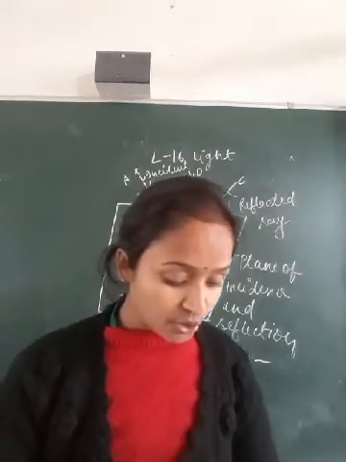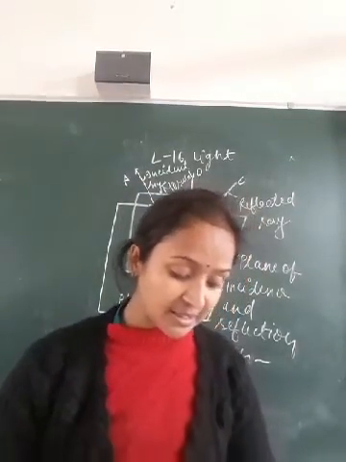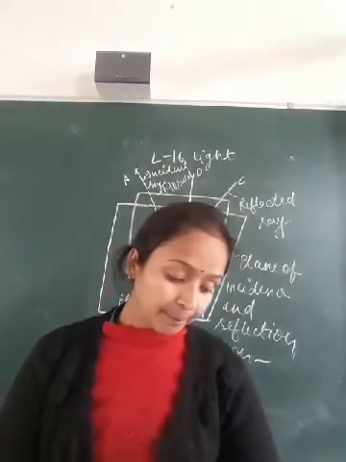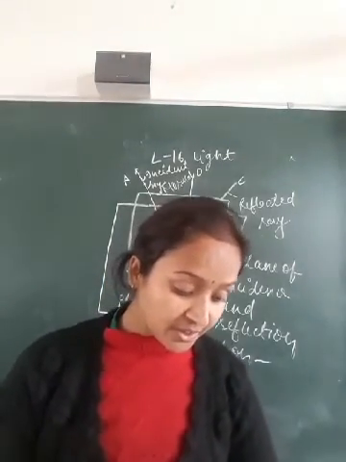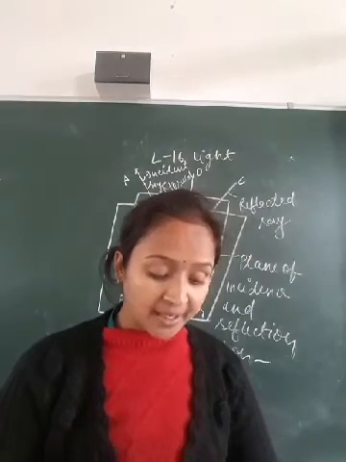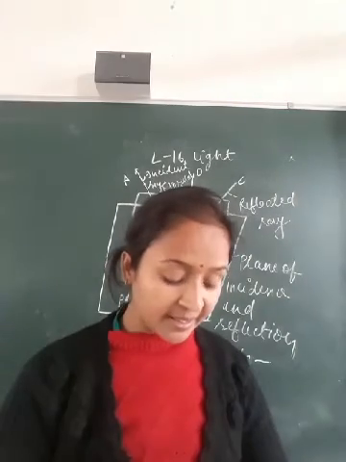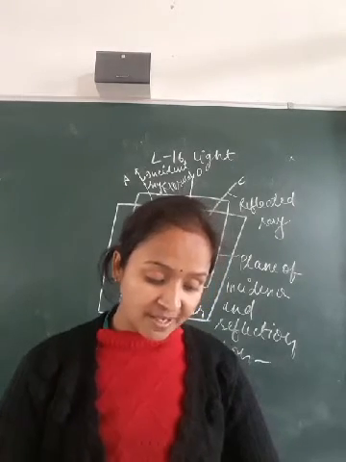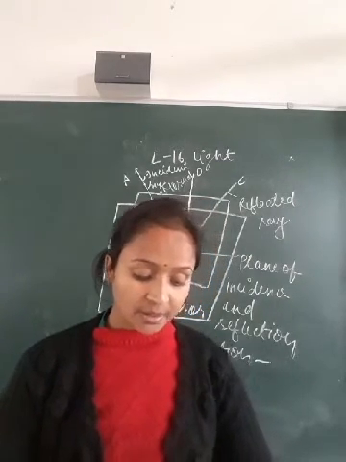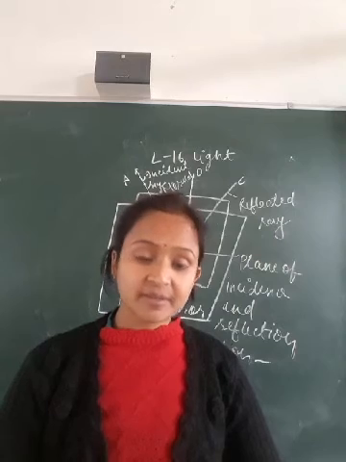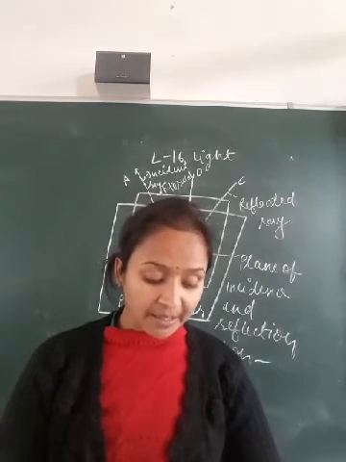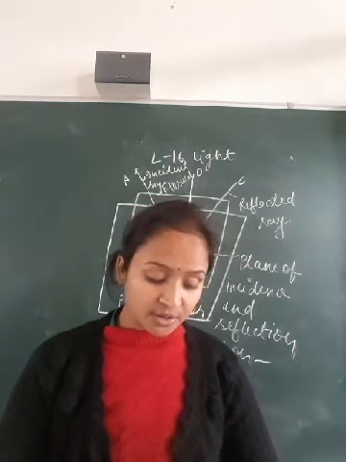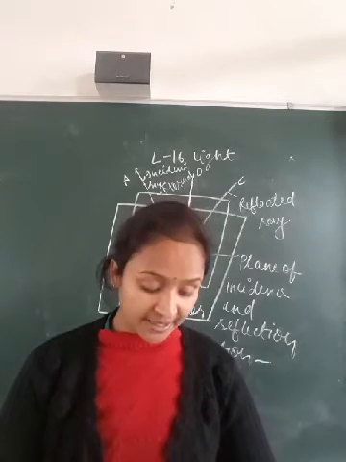So I will draw the diagram. In the diagram you can see the incident ray QP and the reflected ray, and the angle of incidence is equal to the angle of reflection. So by this activity it is proved that images in a plane mirror are formed as far behind the mirror as the object is in front of it.